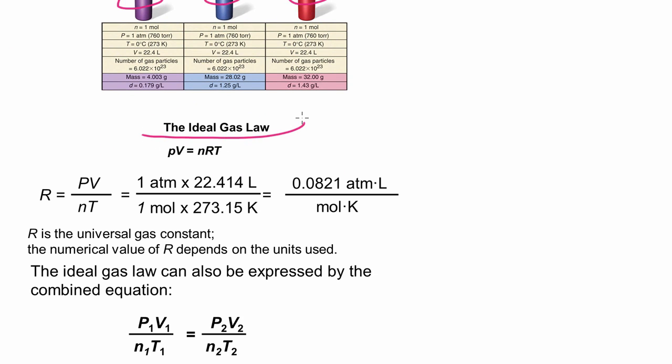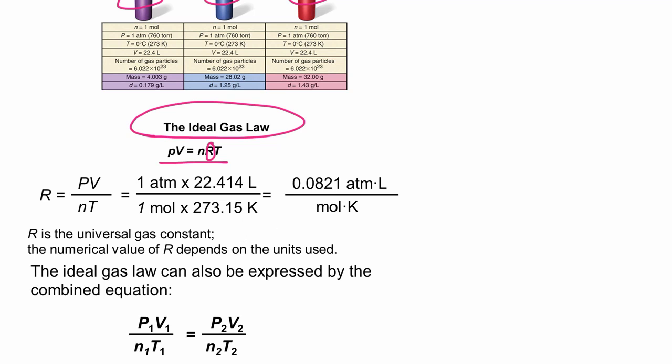So this brings us to what we call the ideal gas law. So we can relate pressure, volume, temperature, and the number of moles. This R is the universal gas constant. It is a constant, and the value of R is going to depend on the units that are used.